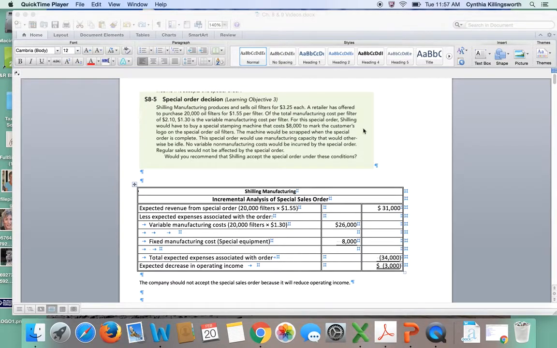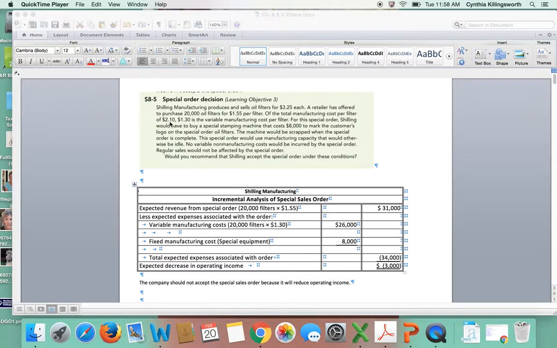So in this situation, we have a company that sells oil filters ordinarily for $3.25 each. But a retailer has offered to purchase 20,000 oil filters for $1.55 each, which is significantly less. So the total cost per filter to manufacture is $2.10.